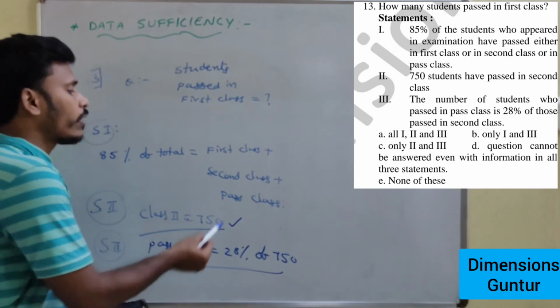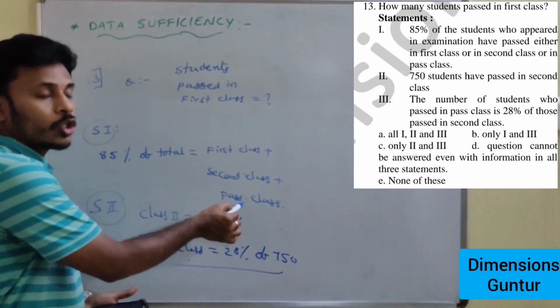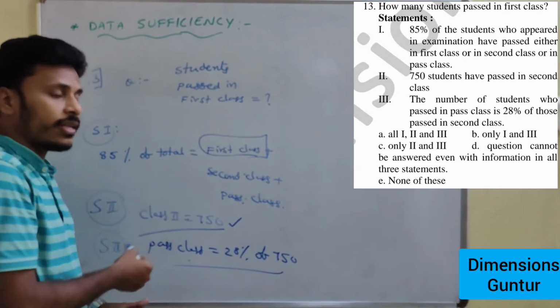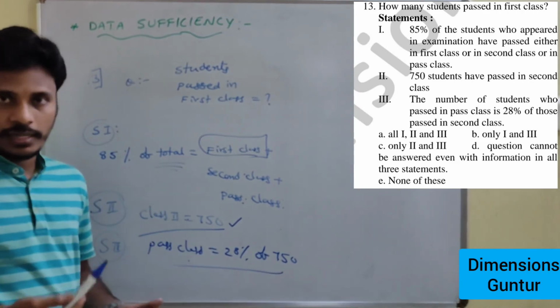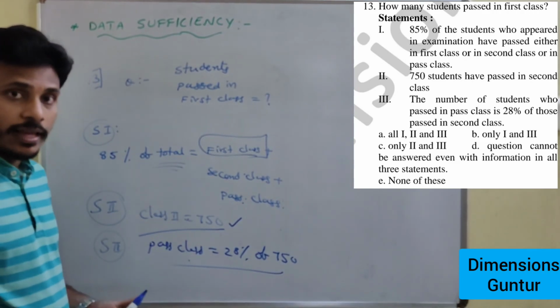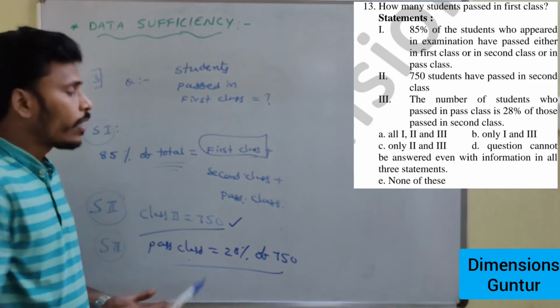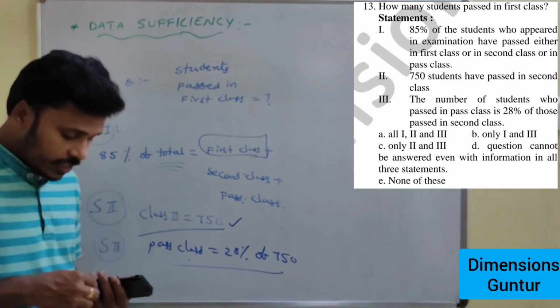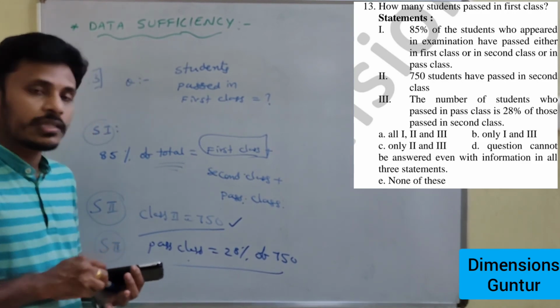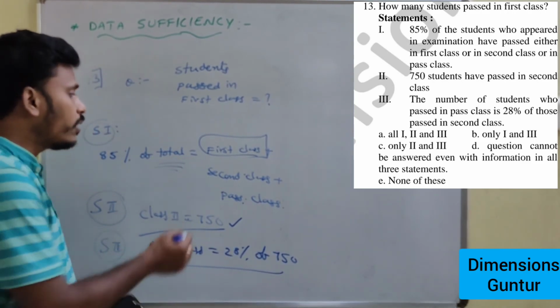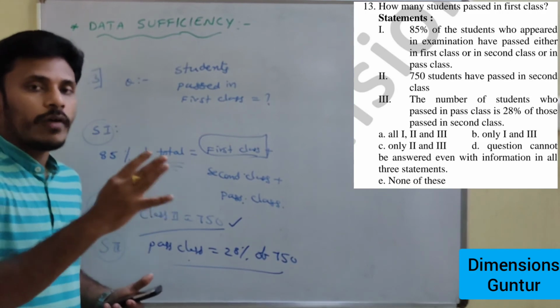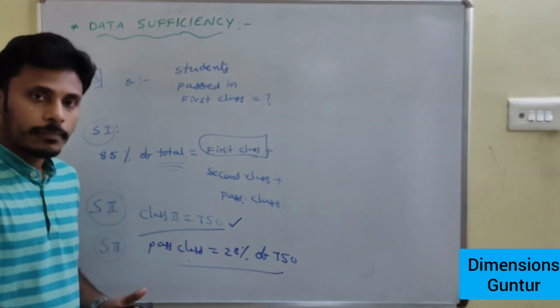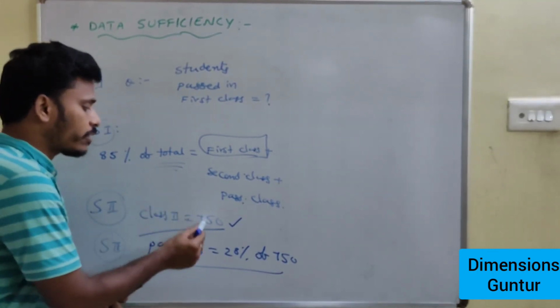Using these two, to find the number of students who passed in first class, we need the total number of students at least. Here, the total number of students we don't know. The number of students who passed in first class we don't know. The number who passed in second class, as well as third class, we don't know. There are 4 unknown values involved in the problem, but there are only 3 statements.